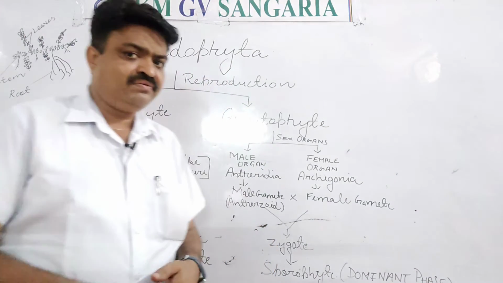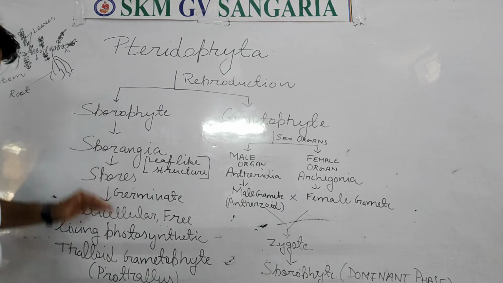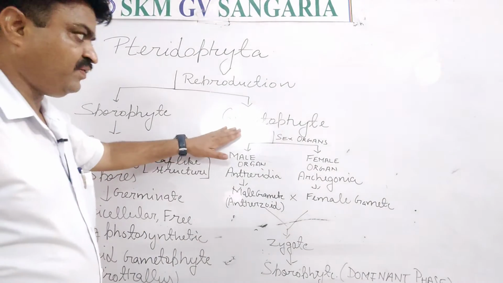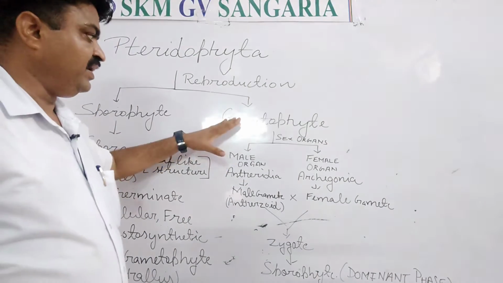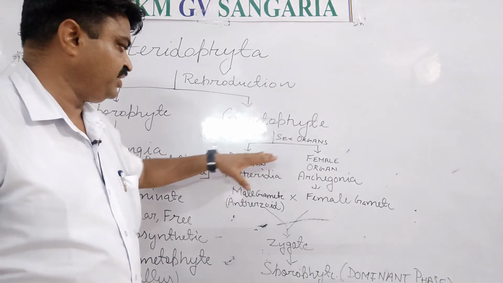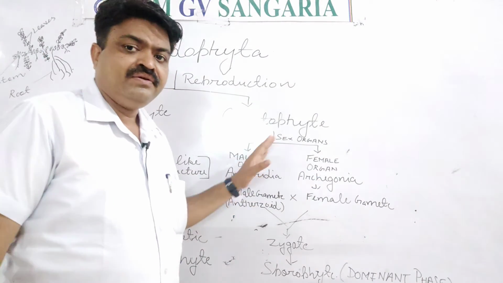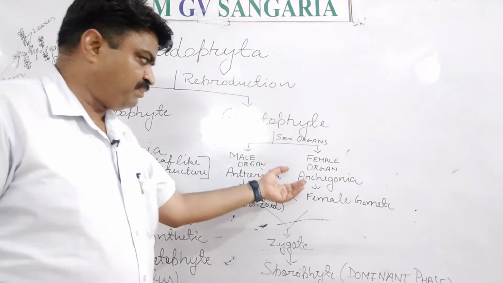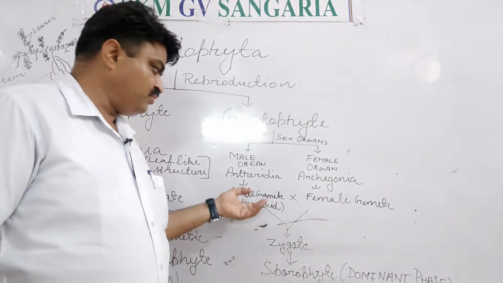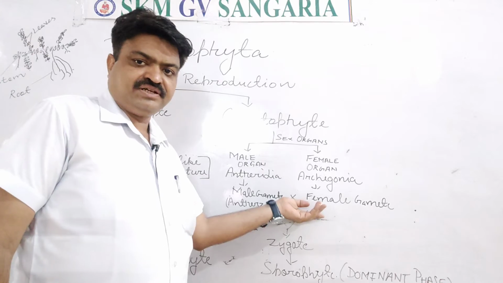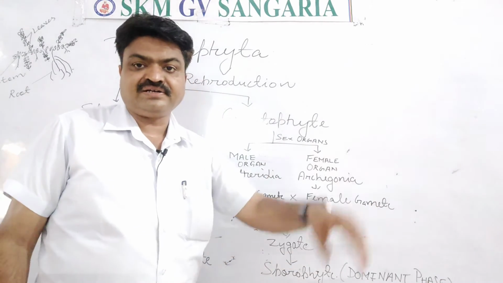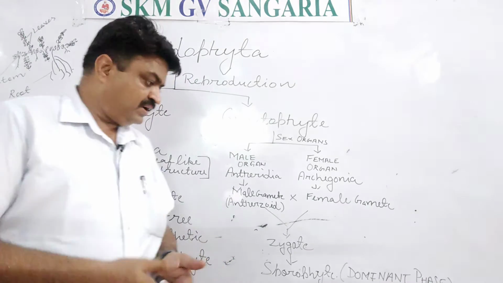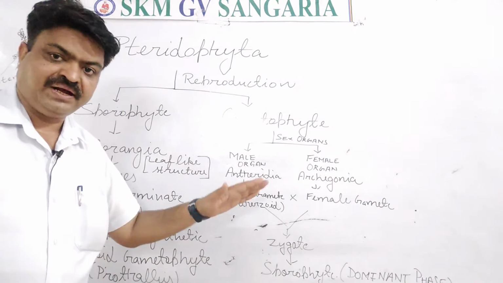First, what do they do? They produce the prothallus, and that prothallus is gametophytic in nature, and it has two sex organs, the male organ and the female organ. When the male and female organs produce the male and female reproductive gametes, then those gametes fuse with each other and form the zygote, and that zygote is developed into the sporophyte or the independent plant.